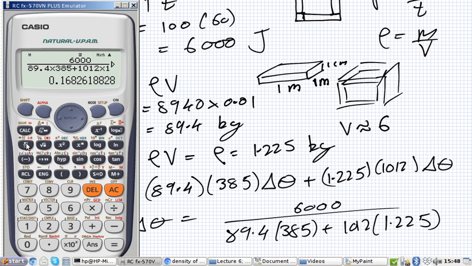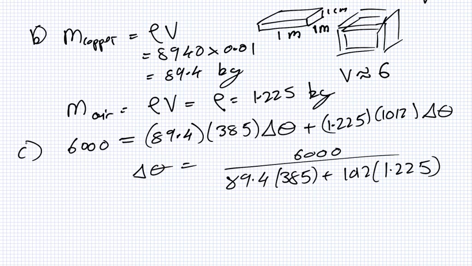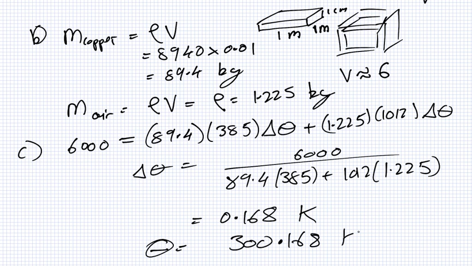So that's 0.168 of a degree warmer. So the final temperature was initially at 300 Kelvin, so that's 300.168 Kelvin.